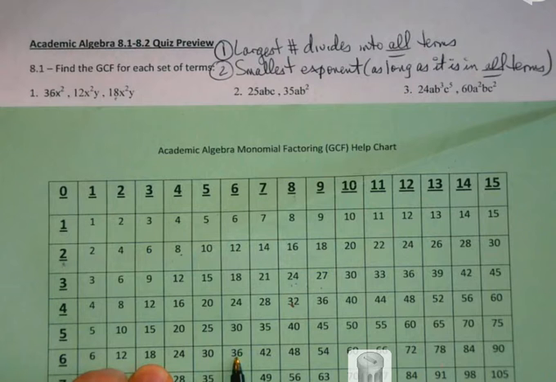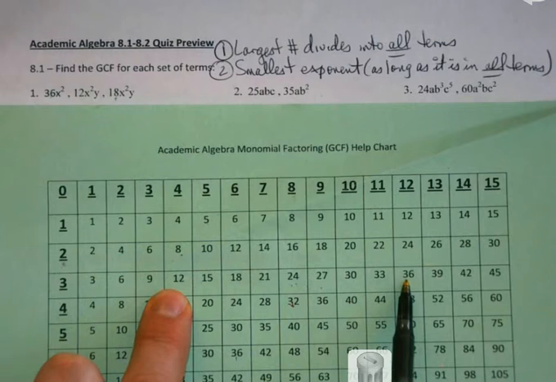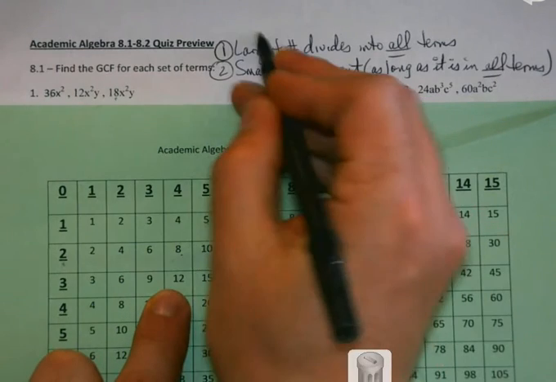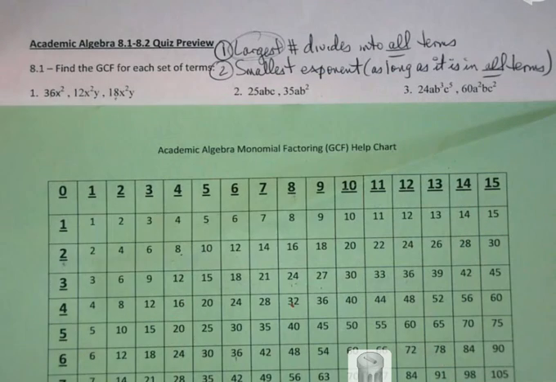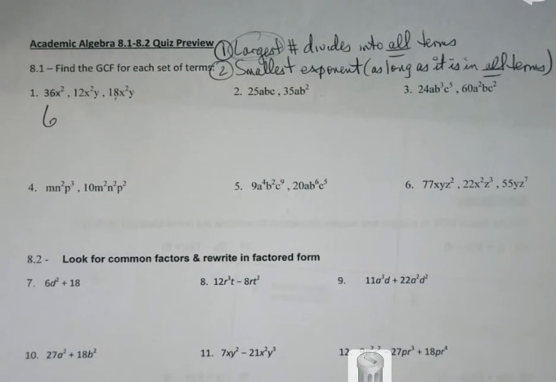Now be careful, I also see 12, 18, and 36 up in 3. But remember, I want the largest number that goes in. So I always want to make sure when I think I have the biggest one that I keep going. So 6 is going to be my biggest one here, so I pull out a 6.